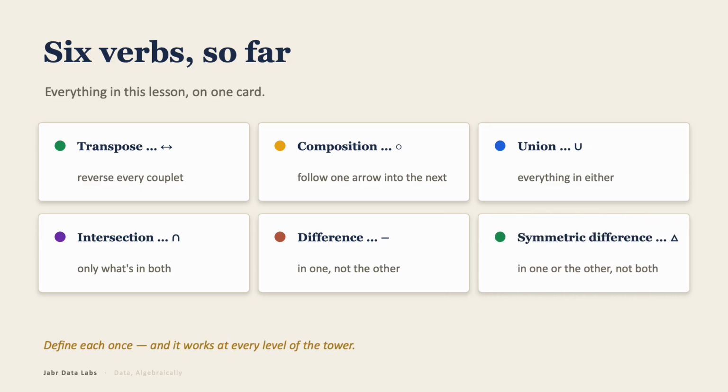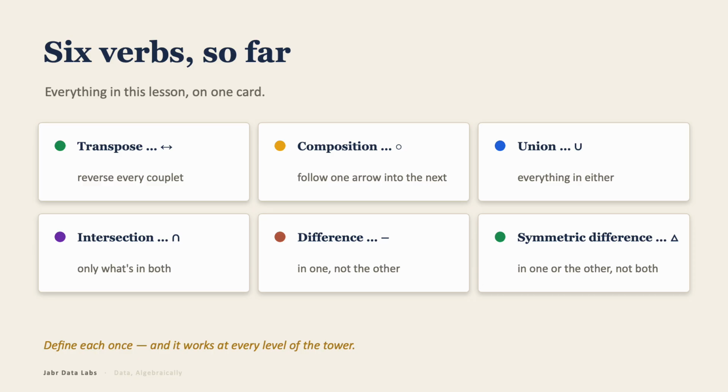Let me gather this lesson onto a single card. Transpose, which reverses couplets. Composition, which we'll lean on heavily later. If one couplet points A to B and another points B to C, composition follows the chain to give A to C, which is precisely how you traverse a graph.